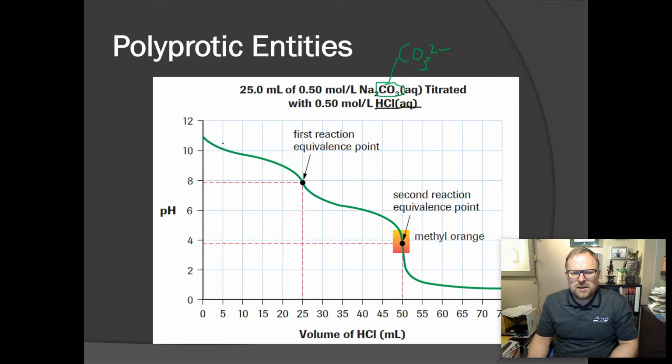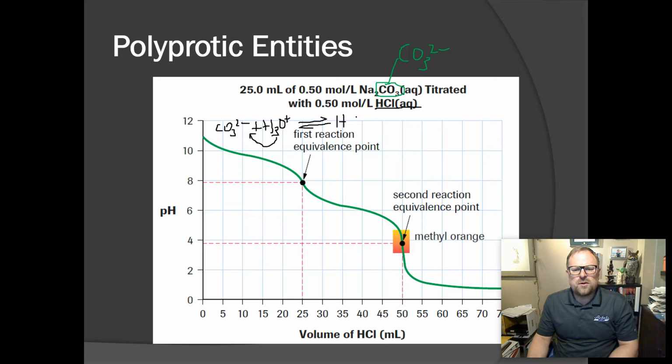So what's going on here is that we've got carbonate ions that are reacting with hydronium ions, okay? And that is forming an equilibrium where we're donating a proton from the strongest acid over to the strongest base.